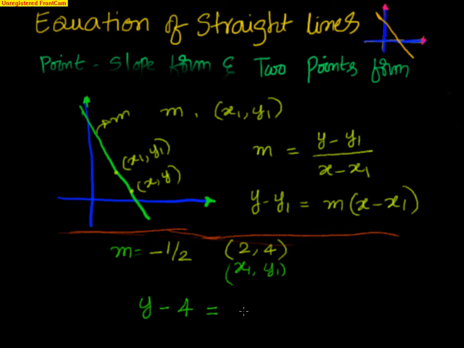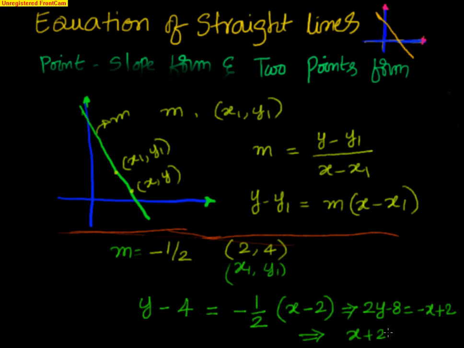Y minus 4 equal to slope. Slope is given as minus 1 by 2 into x minus x1, that is x minus 2. If you simplify this, if I multiply both the sides by 2, this becomes 2y minus 8 is equal to minus x plus 2. That's nothing but equivalent to x plus 2y is equal to 10.